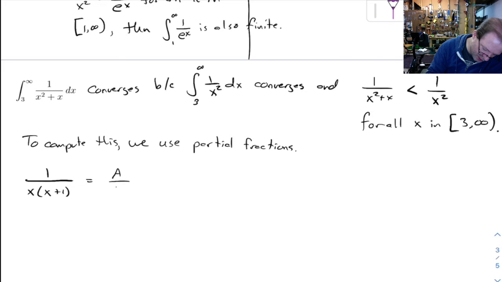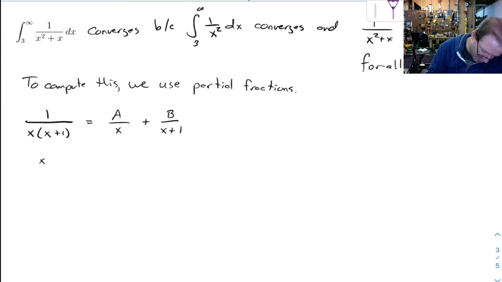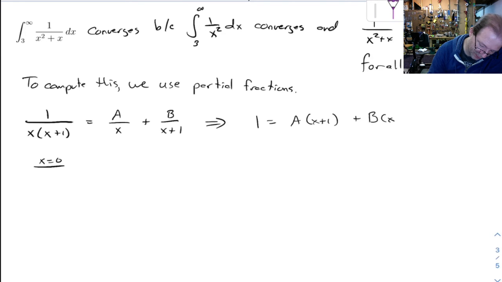It's a over x plus b over x plus 1. And as far as partial fraction problems go, this one's pretty tame because we can plug in x equals 0. I need to multiply this out. You get 1 equals a times x plus 1 plus b times x.